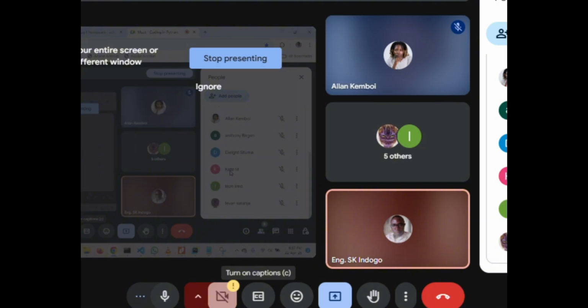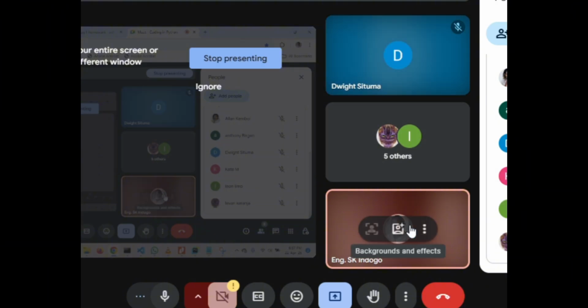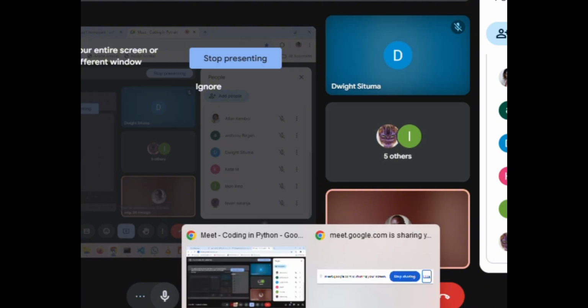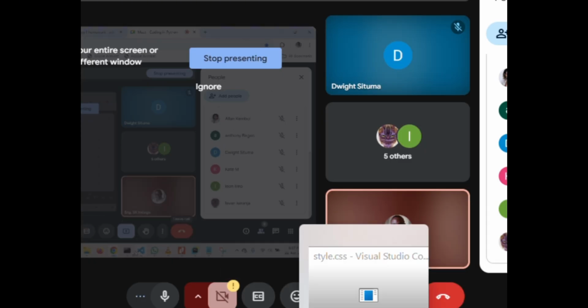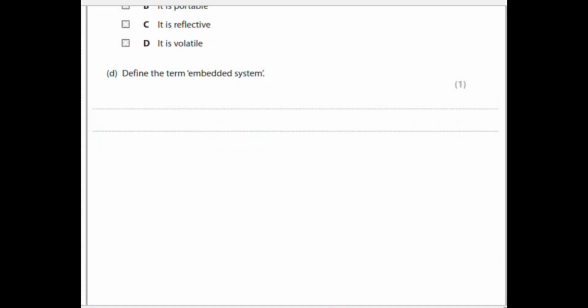That's one definition. You can also define it as a specialized computer system that is part of a larger computer system and performs a specific task.